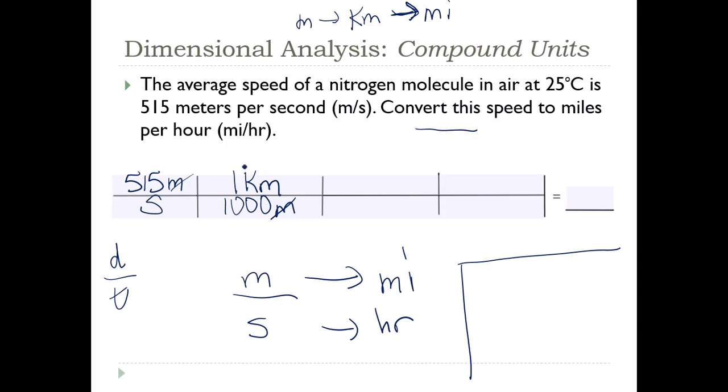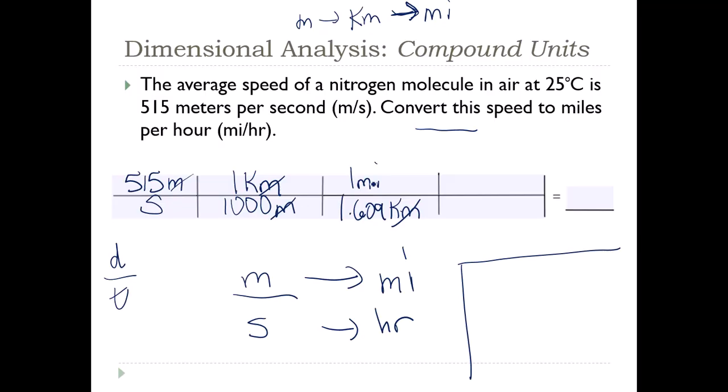So now let's go to miles per second. 1.609 km is equal to 1 mile. And so now we have miles per second if I divide by the 1.609. So 515 times 1 divided by 1,000 times 1 divided by 1.609 would essentially give me miles per second.